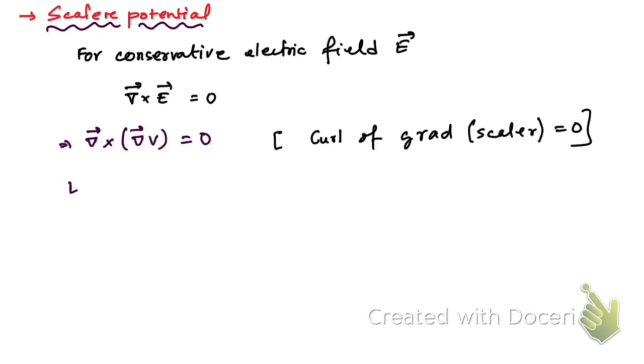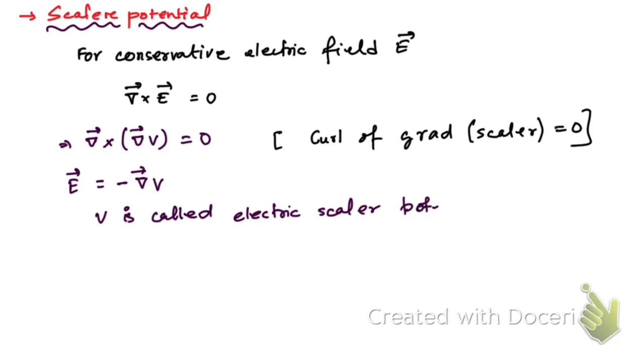Then we can write E is equal to negative gradient of this scalar quantity V. And this V is called the electric scalar potential.